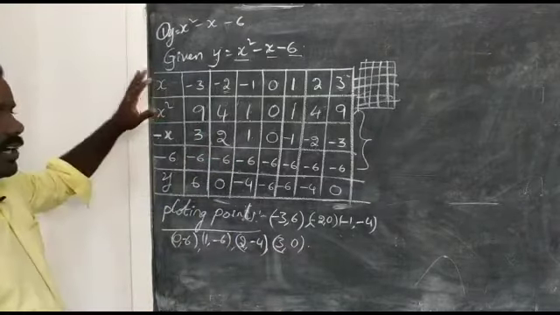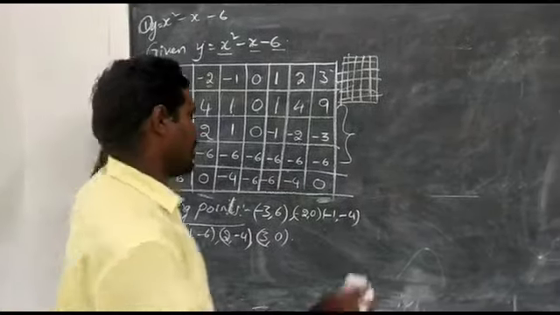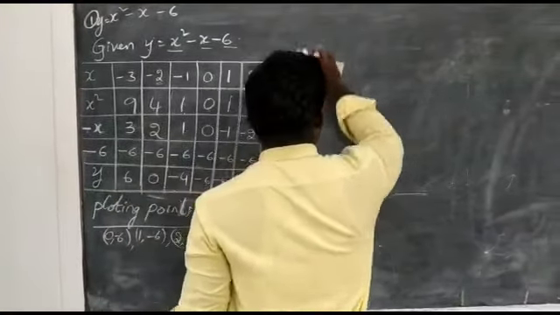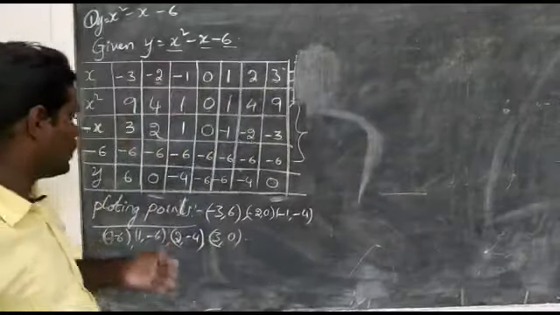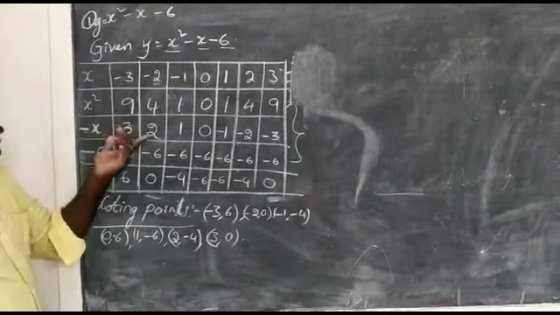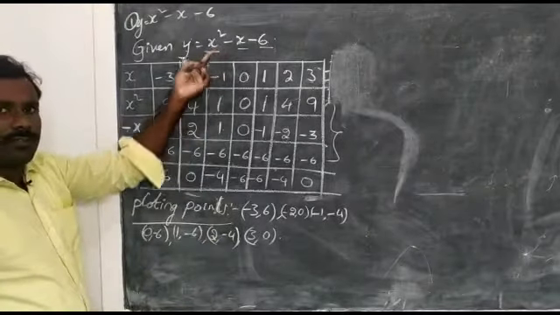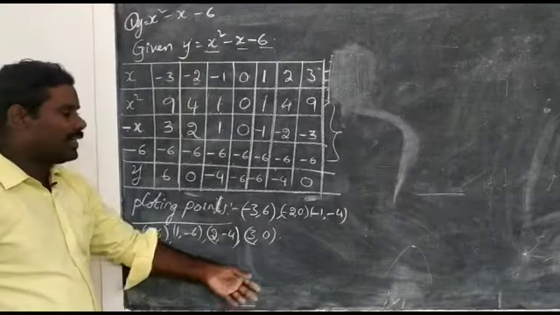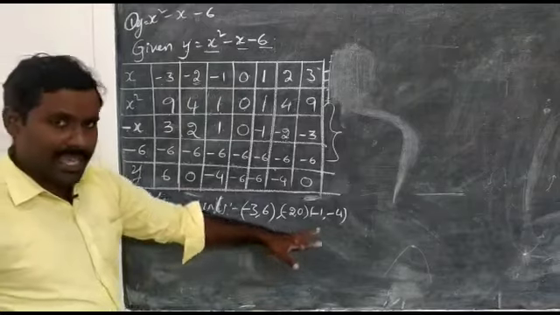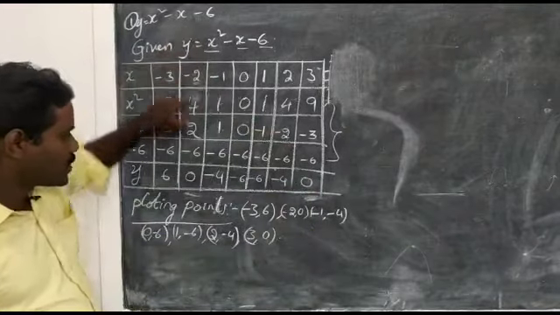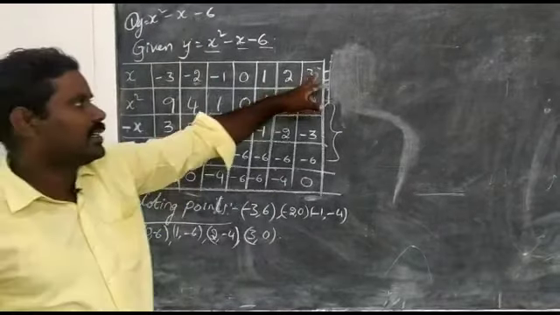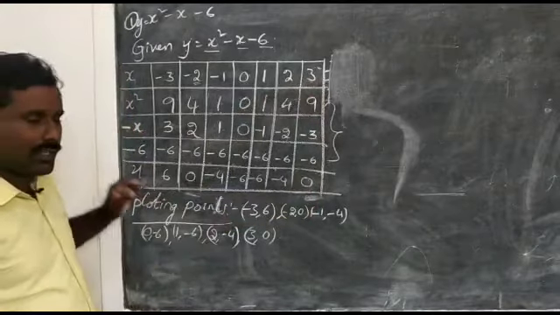And write about the graph. After completing our graph, you can write this here. The polynomial graph forms a parabola and it intersects the x-axis at -2, 0 and 3, 0. I will repeat again.